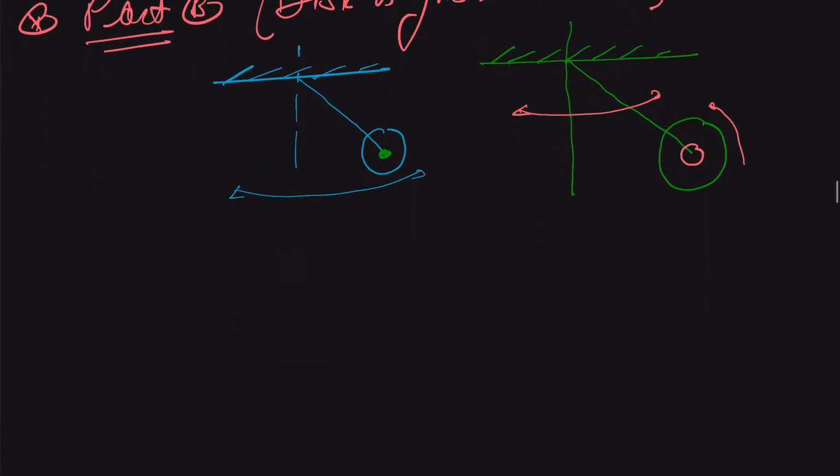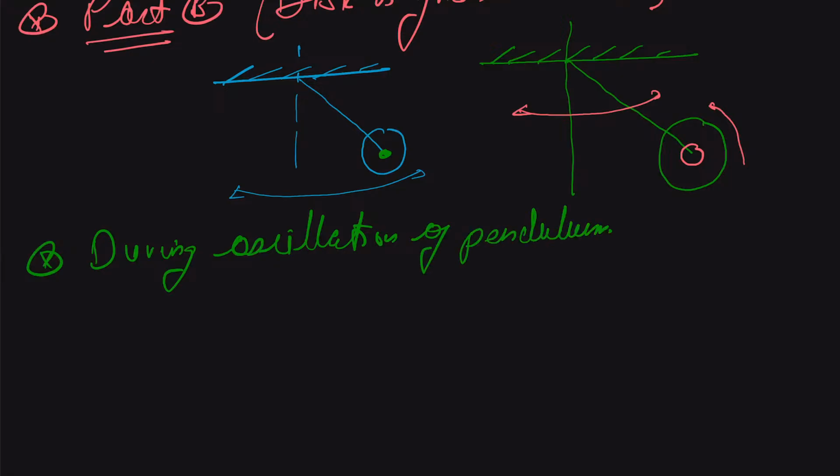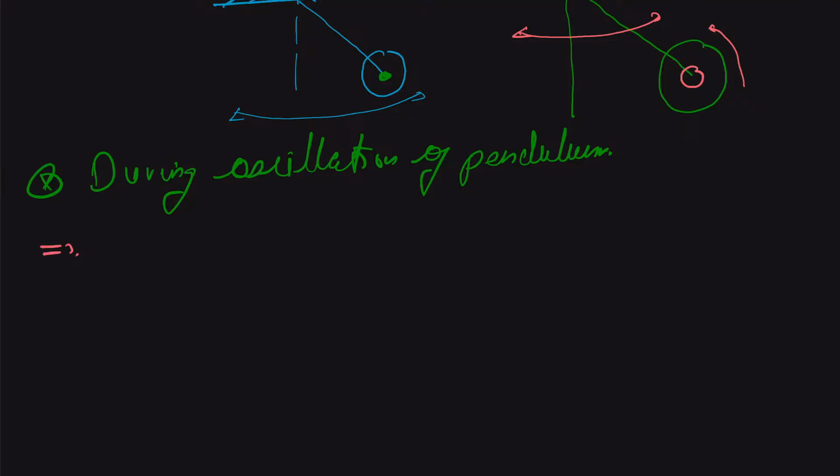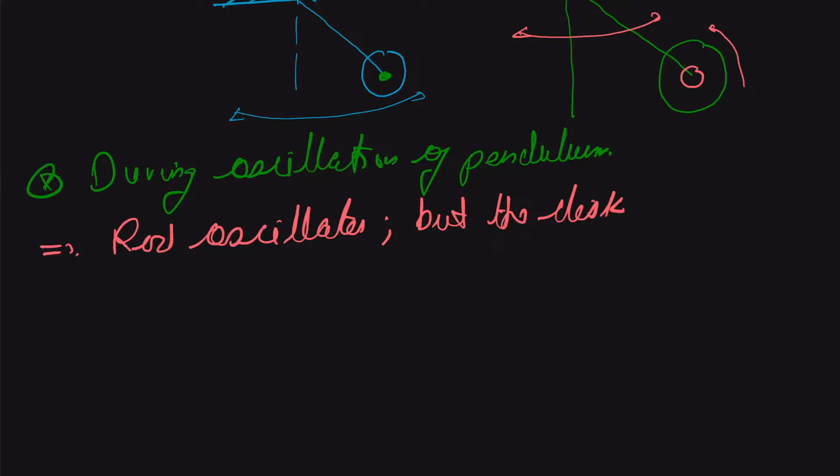So you can say that during oscillations of the pendulum, the rod oscillates, but the disc does not rotate with the rod.